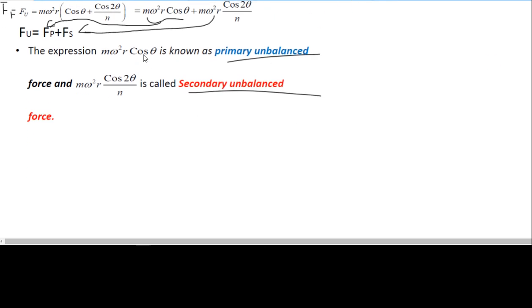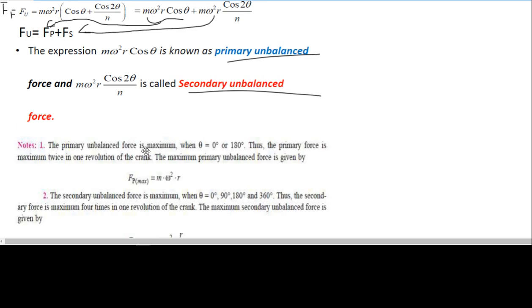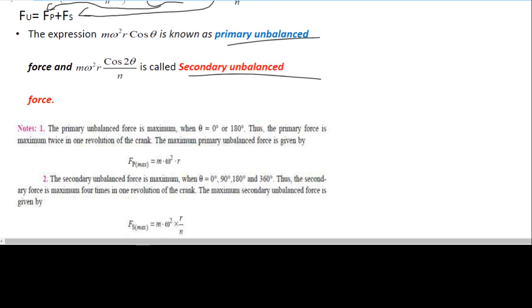We can see that the primary unbalanced force will be maximum when theta is equal to 0 or 180, because cos theta is maximum at 0 or 180.